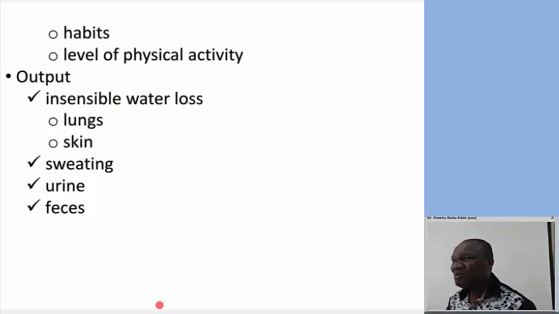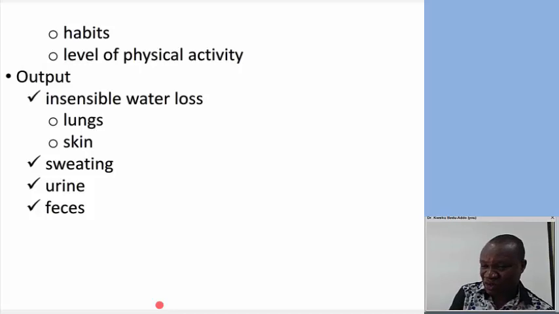Give it time, you go back, the clothing is dry. You don't see the water leaving the clothing, but it is being lost. That is not perceived, or you can't perceive this water loss. So we say it is insensible water loss.